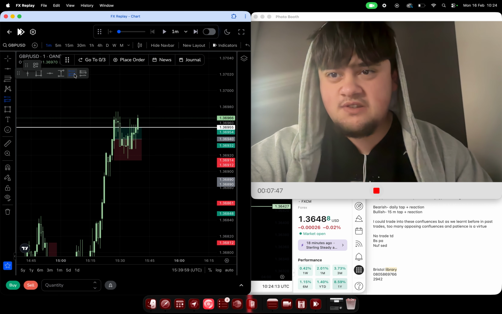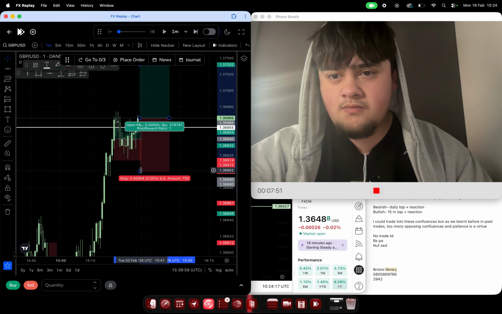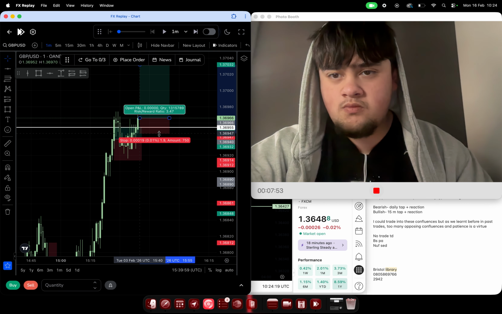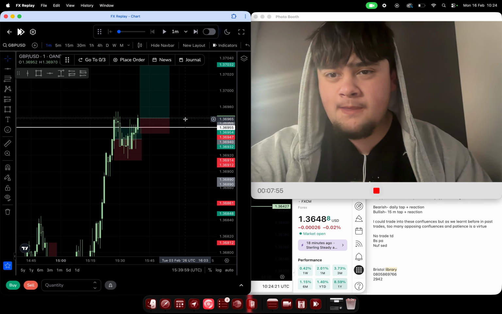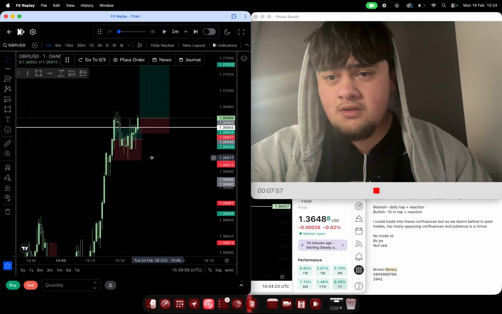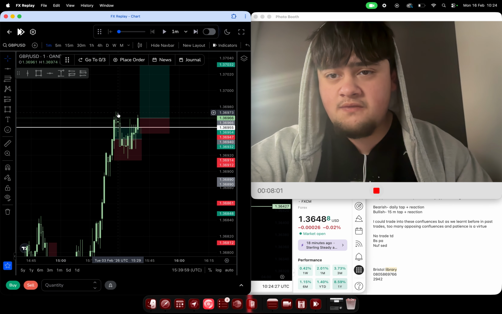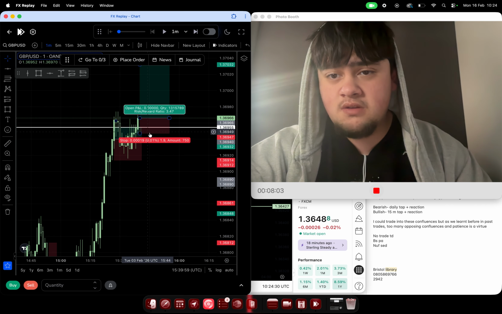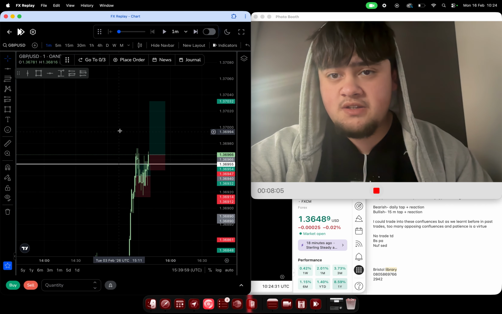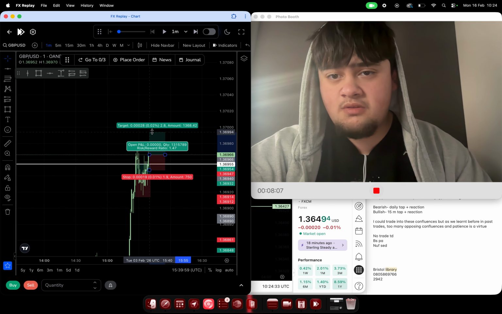So this is a risky one I'm going to be taking, just for fun, because it's in an uptrend, and because there was consolidation here and this closed above. Yes, it's at opposing confluence, but because it's in an uptrend, that's why I'm going to be taking it.